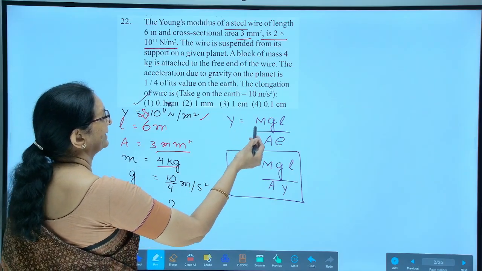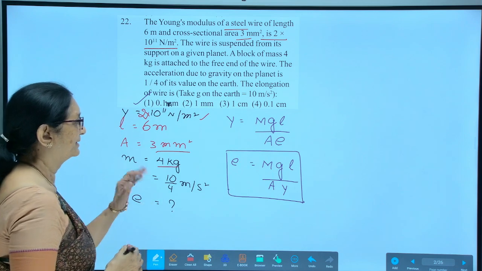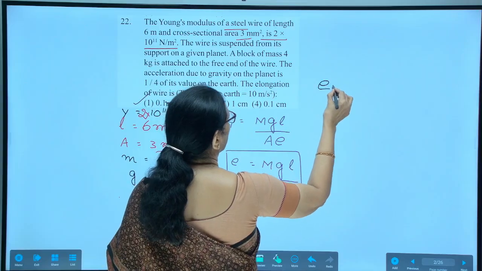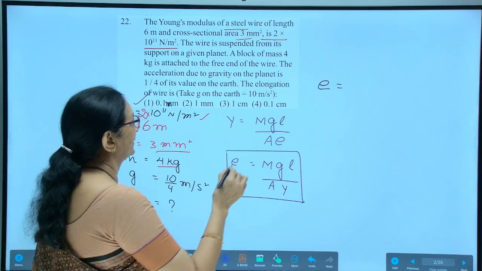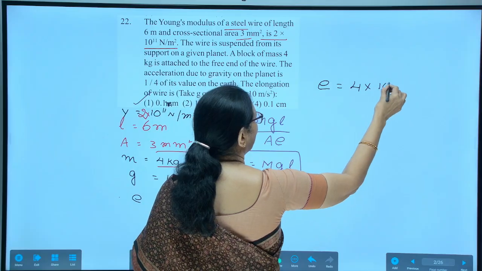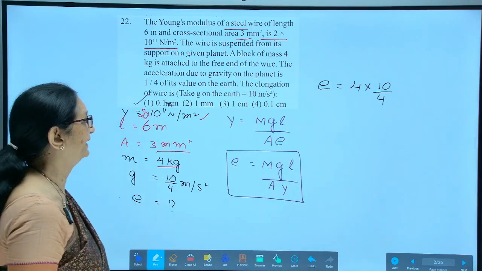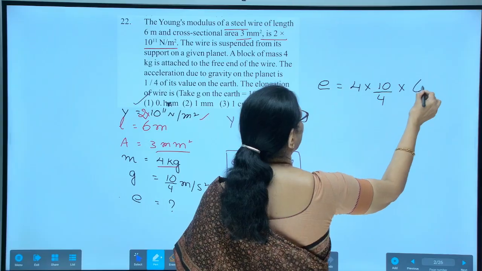So, Y is equal to mgl by AE. Just substitute that value and you get the answer. So, E is equal to, what is the mass of the load attached here? It is 4. And acceleration due to gravity on that planet is 1/4 that of the earth, so mg, and length is given as 6.